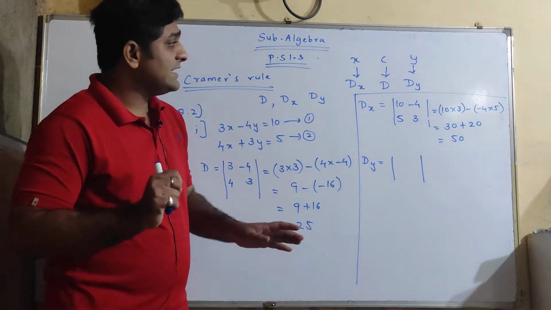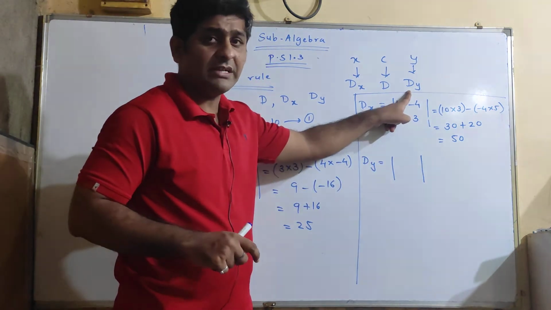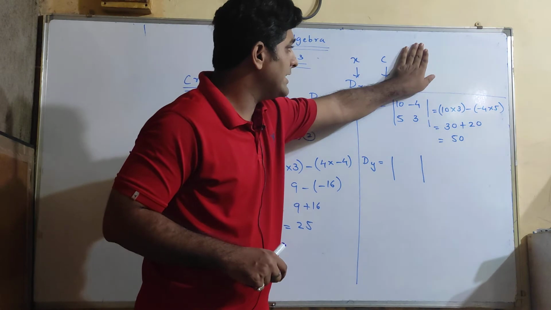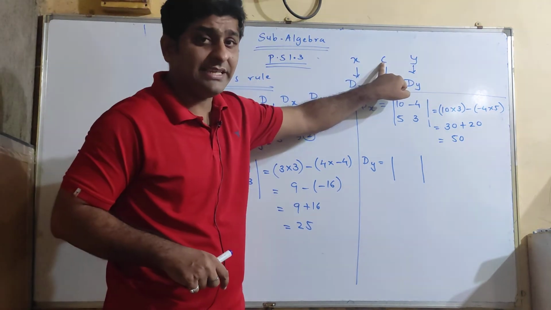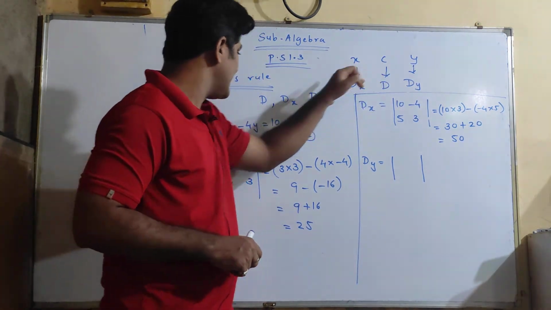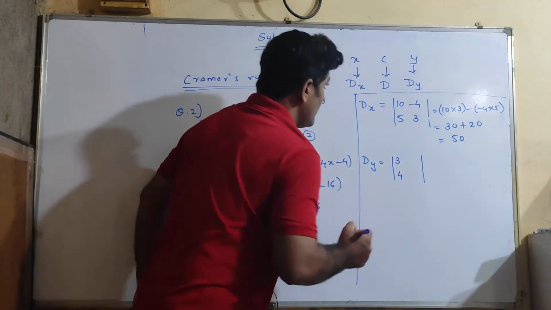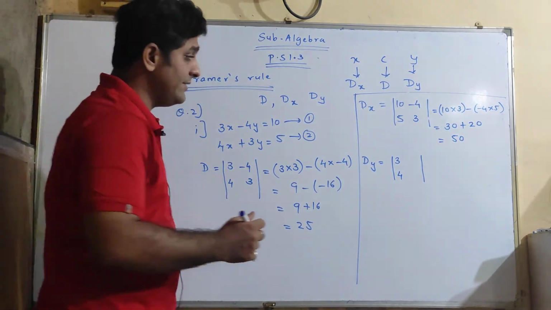Now again the pattern is very simple, students. Since we want to frame the determinant Dy, hide this out. So if you hide this out, what is left? X and c. So I'm going to write first x. X is 3, 4. And c, that is 10, 5.